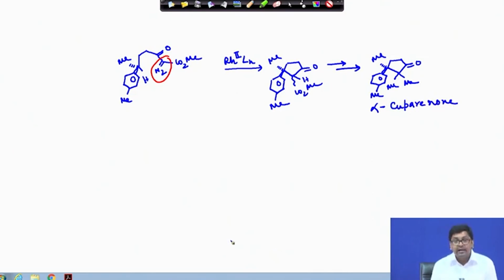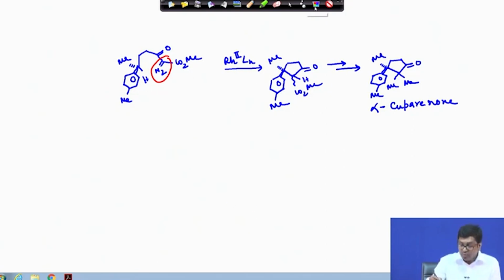We have taken a diazo carbene precursor, a diazo keto ester compound, that means this diazo is flanked with 2 electron withdrawing groups, and with the treatment of rhodium 2 catalyst we can generate the metallocarbene.